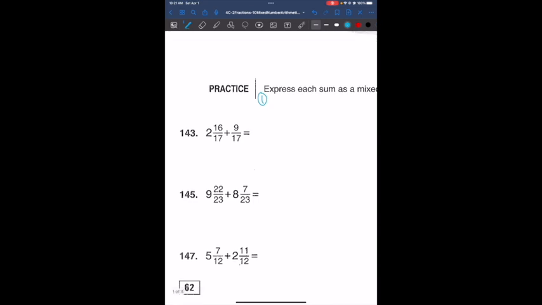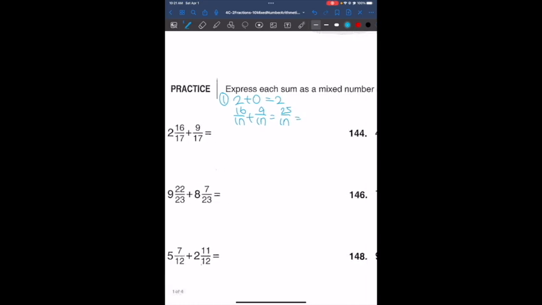So we're going to add the whole numbers together. So it's 2 plus 0, which is 2. Then we're going to add the fractions together, and that is going to be 25 over 17, which is going to be 17 over 17 plus 8 over 17.